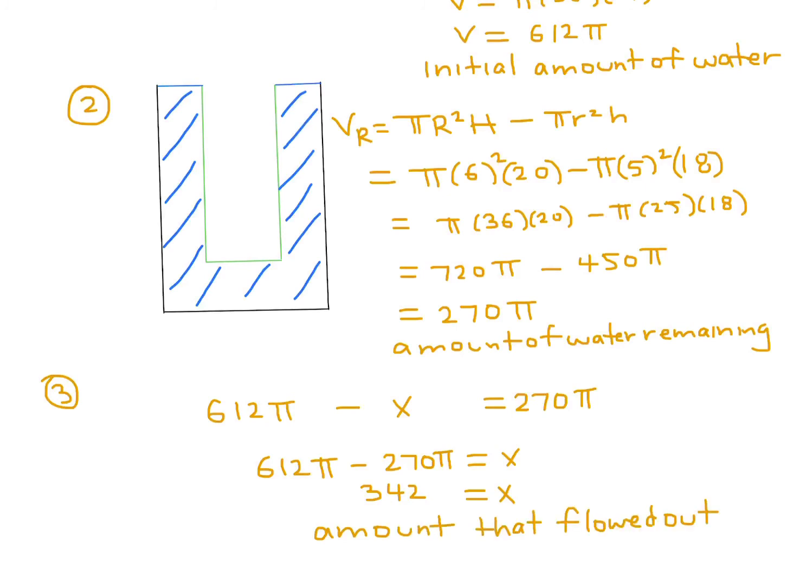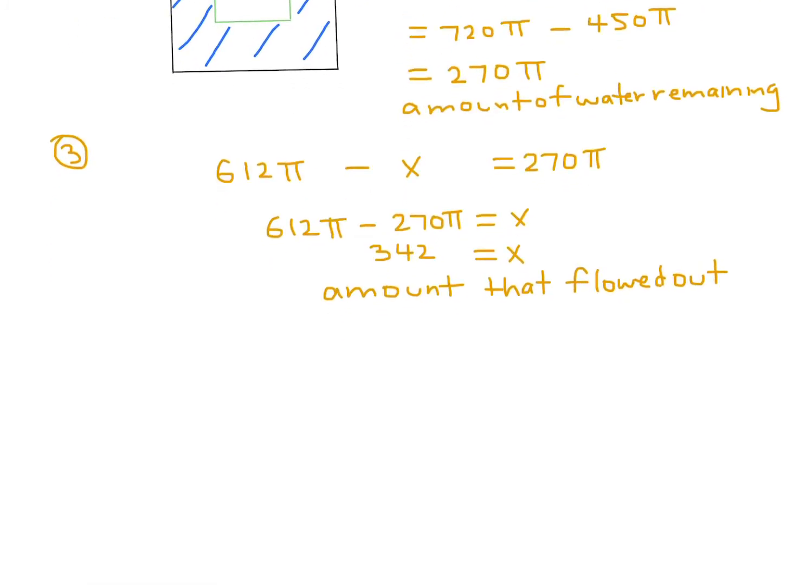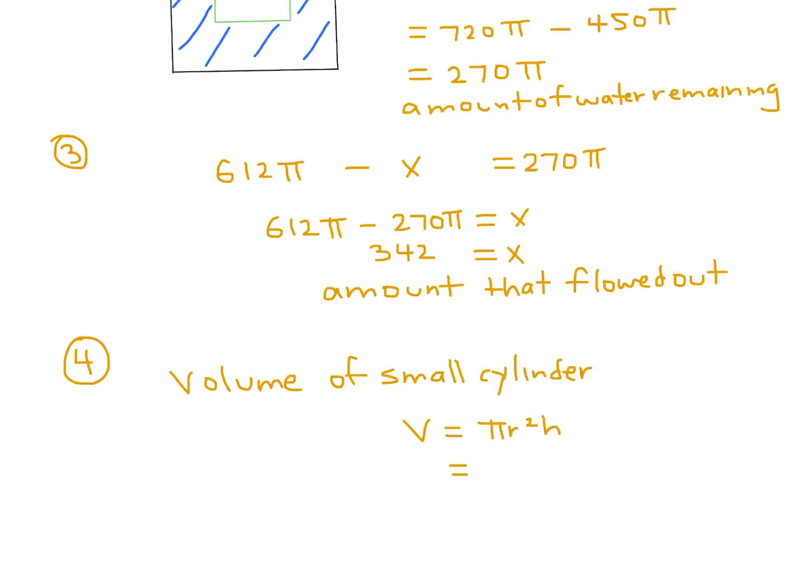All right? Now, I want you to figure out the volume of the small cylinder, because that's pretty important. Volume of the small cylinder, pi small r squared times small height. If you remember, the radius was 5, the height was 18.